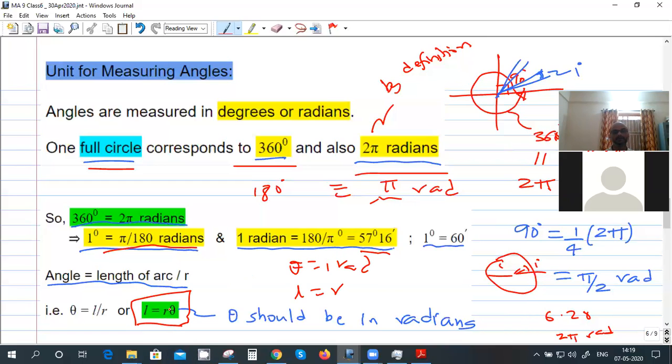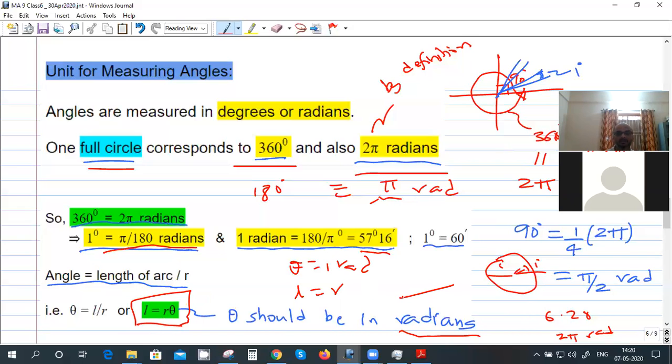You just have to put theta equal to 1 in this formula. In this formula, theta has to be in radians. You cannot put in degrees. When you put in radians, this formula is valid. So if you put theta equal to 1, then L is r.